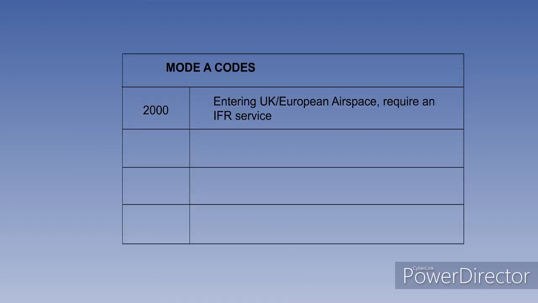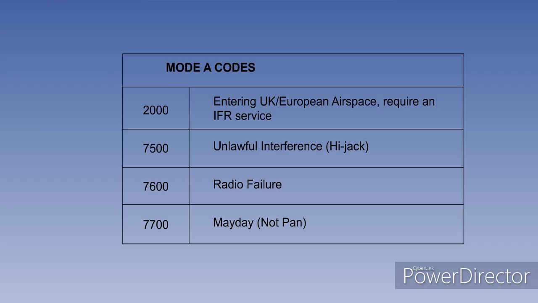A mode alpha squawk of 2000 means that the aircraft is entering UK or European airspace and requires an IFR service. 7500 indicates unlawful interference or hijack. 7600 indicates radio failure. 7700 is an emergency. It means Mayday. It should not be used for a pan situation.